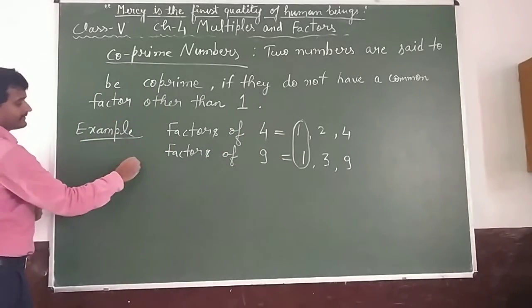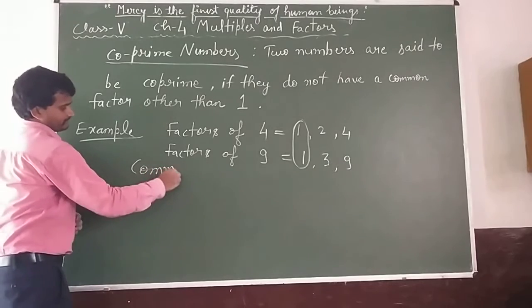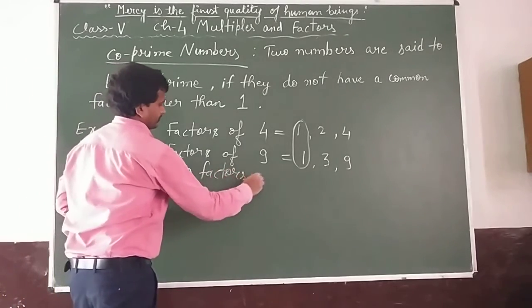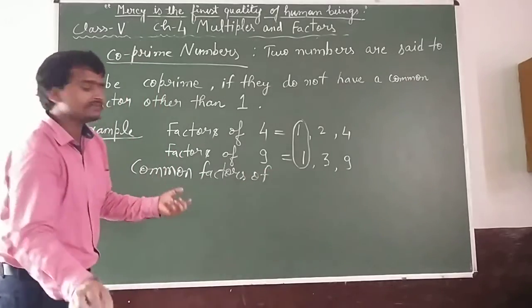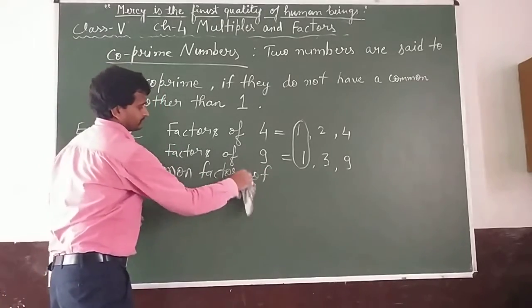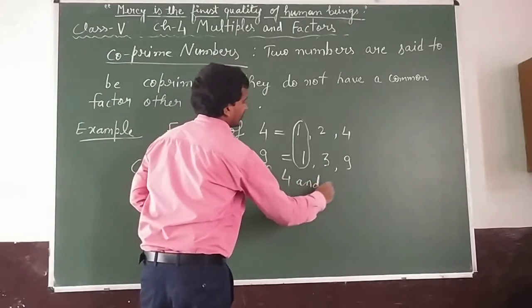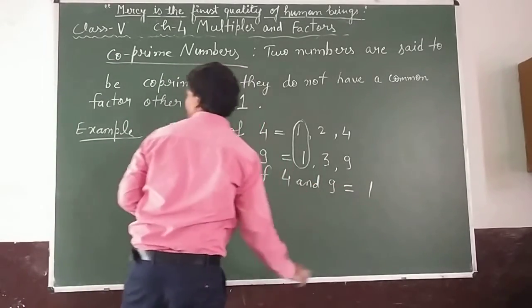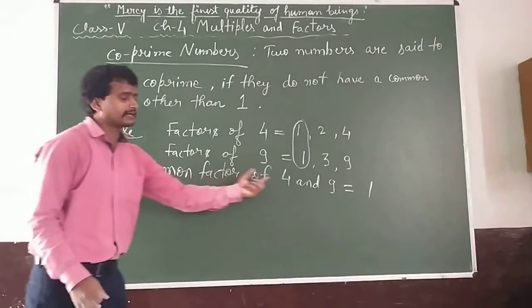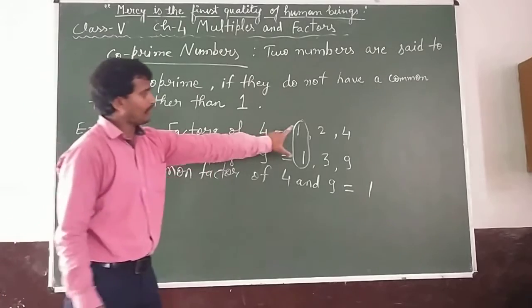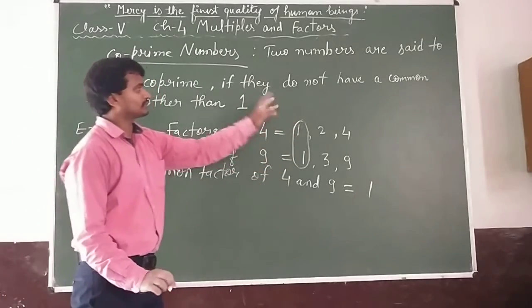So we can write common factor of 4 and 9 equals 1. Only 1 is common here.